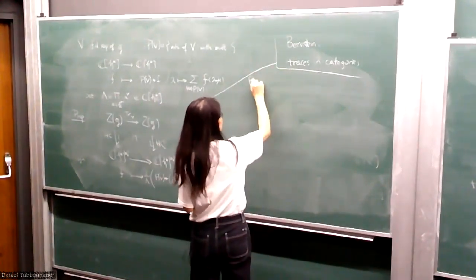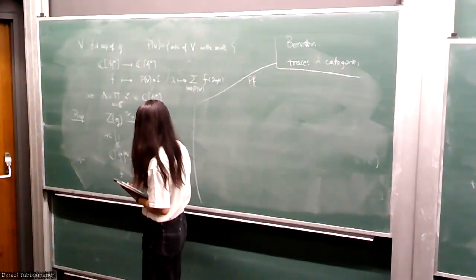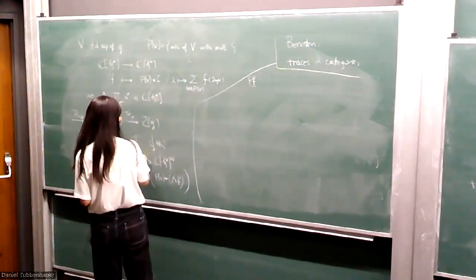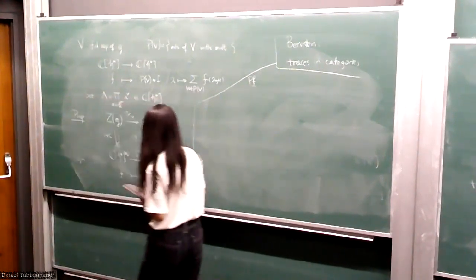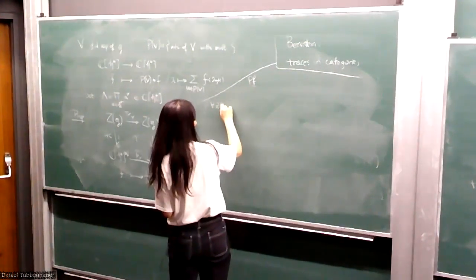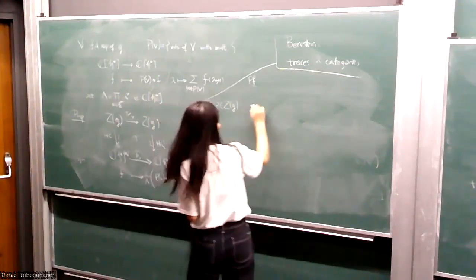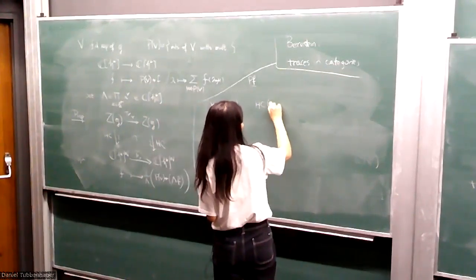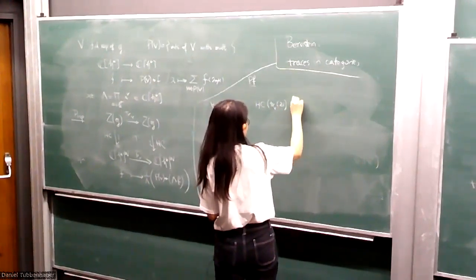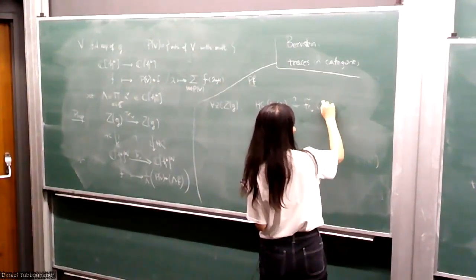We have a candidate map, and you want to show this diagram commutes. So let's call this candidate map trace tilde. And then you need to show for any z in the center, if you do HC of trace of z, you want it to be equal to trace tilde of HC of z.